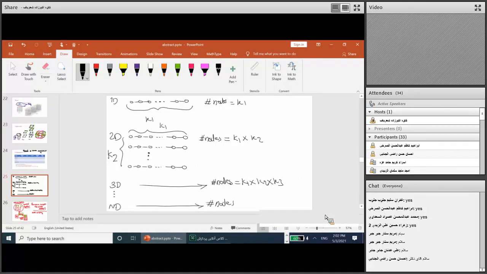And for ND, the number of nodes equals the general term.